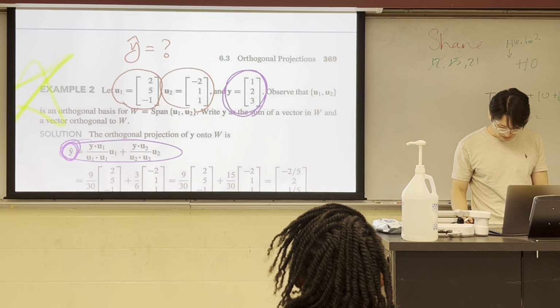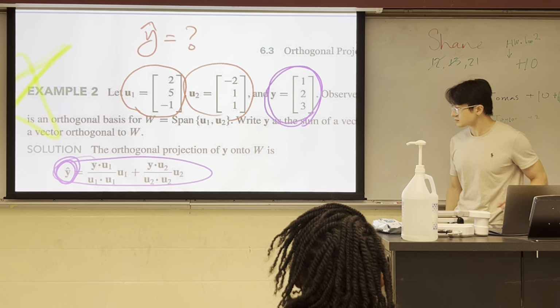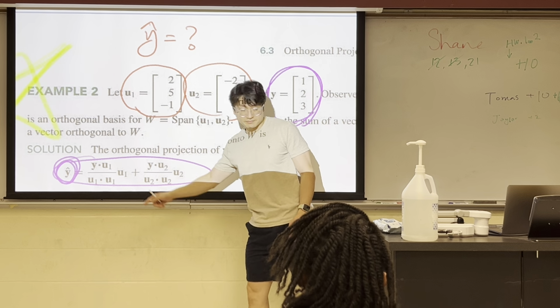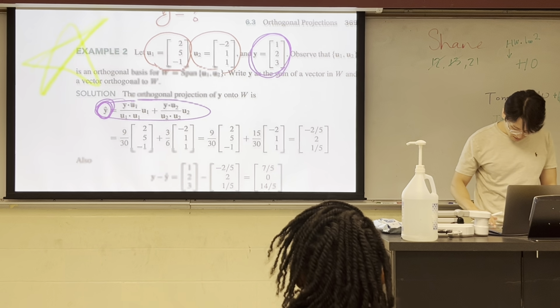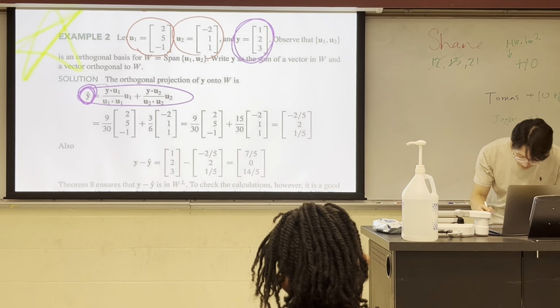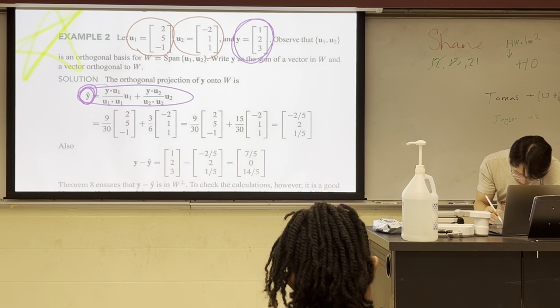So this is the formula. And then dot product, right? We did it in class. Actually, you guys worked this problem on the board. And then the answer you get is this.